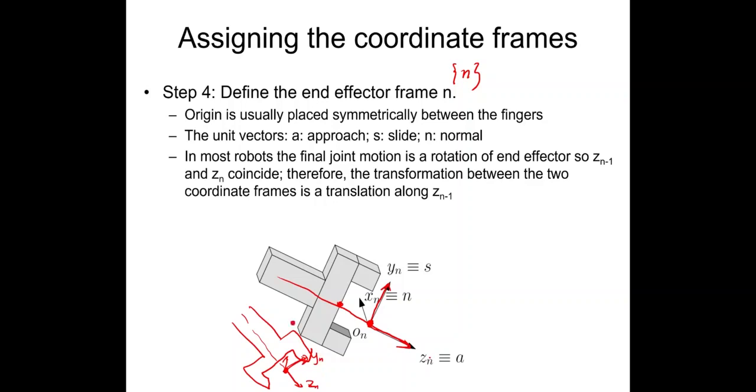So once we define the frame N just for the grasper, and we understand T_N^0, we can quickly understand the orientation and position of my end effector in the world base coordinates. Okay, so that is how we assign the coordinate frames.